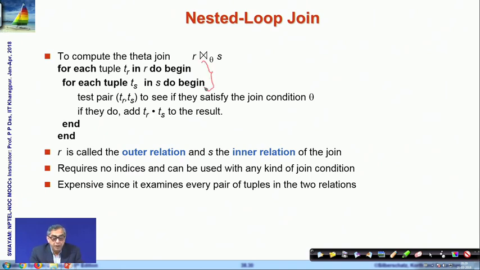For each tuple in R, you try out each tuple in S, take the tR-tS pair, and if they satisfy the condition theta, then they go to the output; otherwise you discard it. Here R is the outer relation and S is the inner relation.